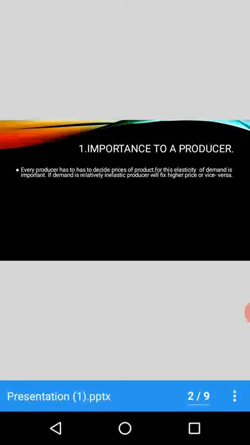So elasticity of demand is useful to the monopolist also, but how is it useful to the general producer?